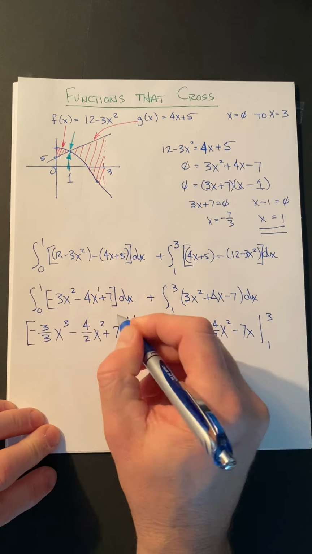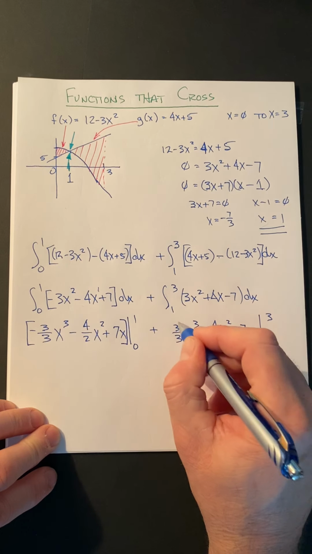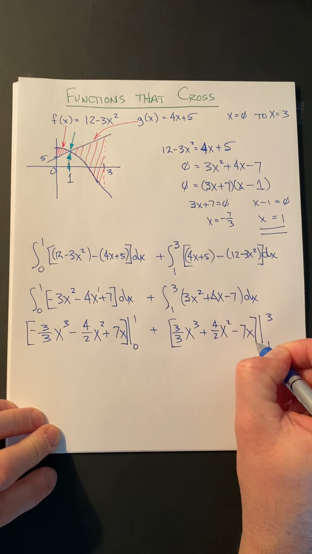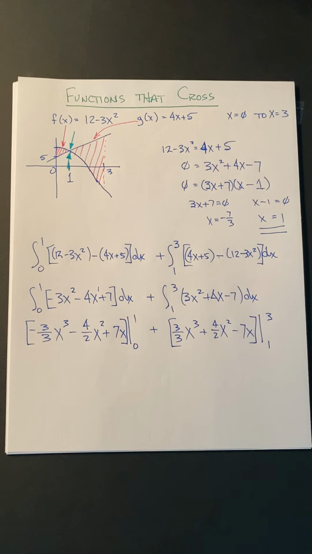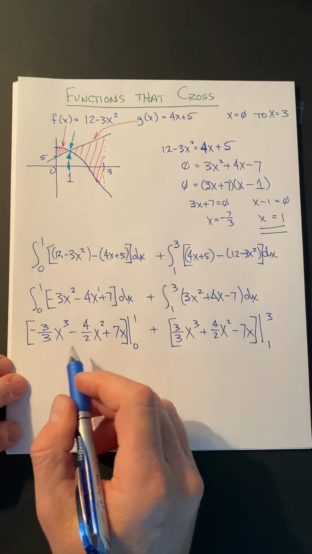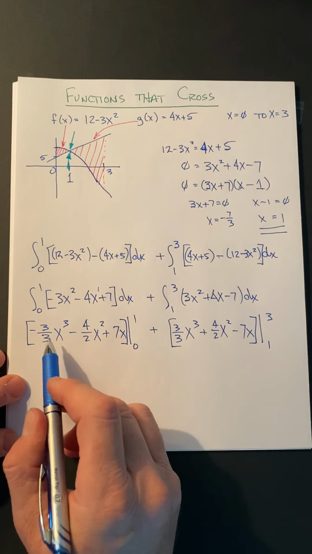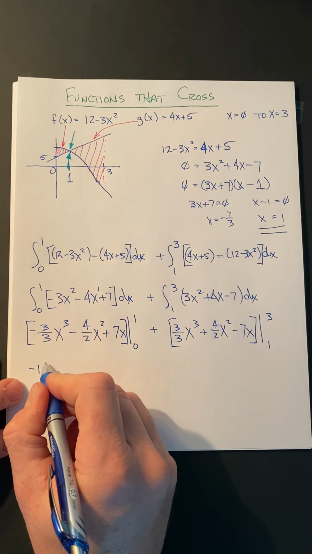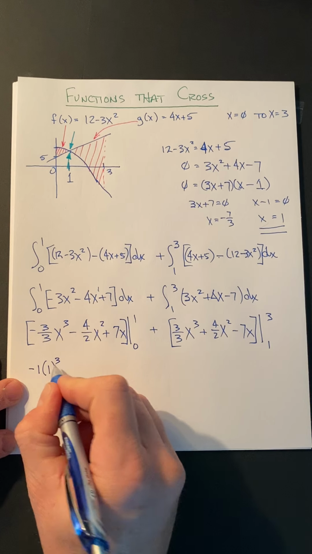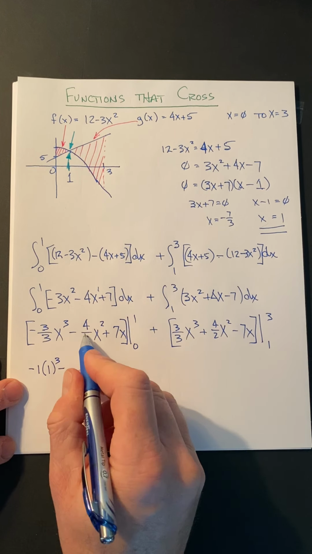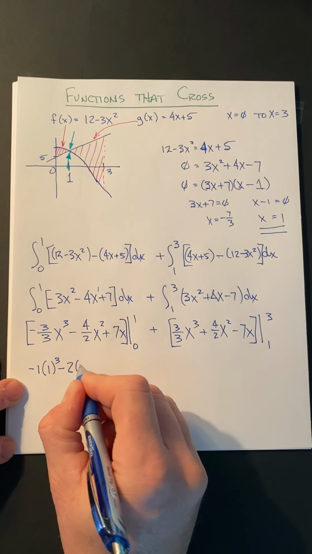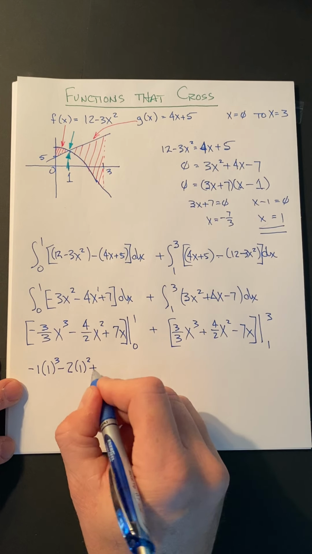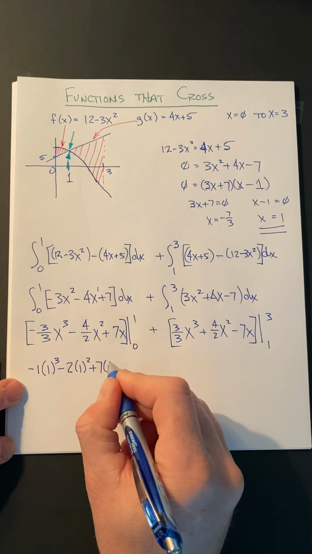It may help you to go ahead and bracket all of this so you see what you've got going on. Now I'm just going to substitute my upper. This is minus 1, so I'm going to have minus 1 times 1 cubed minus 2 times 1 squared plus 7 times 1.